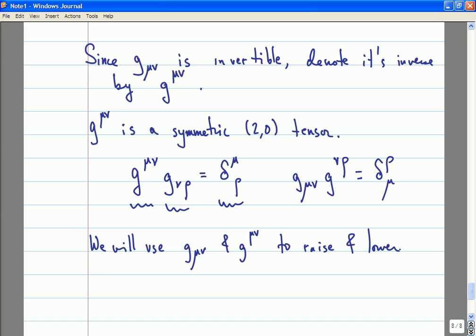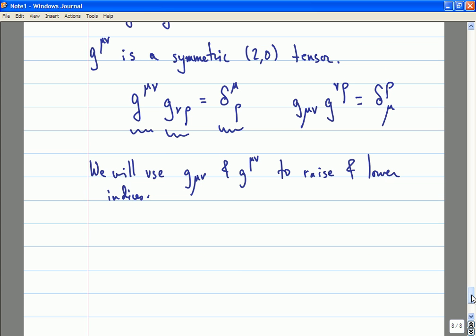So, for example, if I have a vector v mu, then I could contract it with one index of the metric to get a one form v nu. Likewise, if I have a one form omega mu, I could contract one of its indices with the inverse metric to get a vector that I would call omega nu.